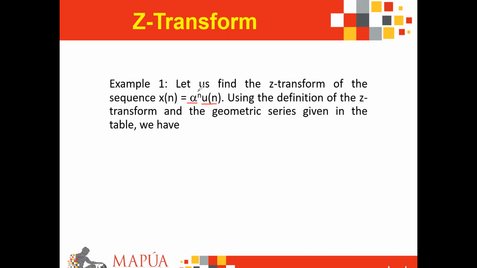Because if this signal is exponentially increasing, obviously it will not converge. Therefore, yung alpha value ko must always be less than 1 para mag-converge.